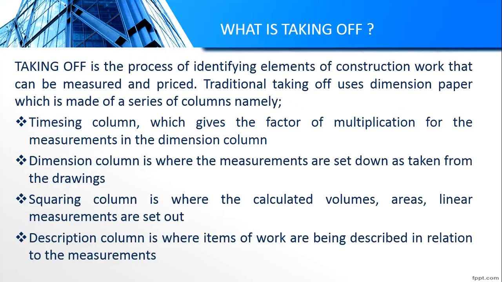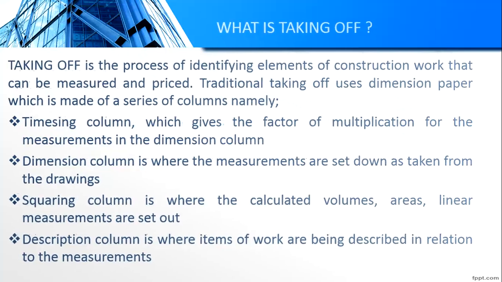Number three is the squaring column, in which you sum up, in form of multiplication, the measurements obtained in the dimension column. Number four is the description column, in which you describe your work item. All your work items are described in the description column.